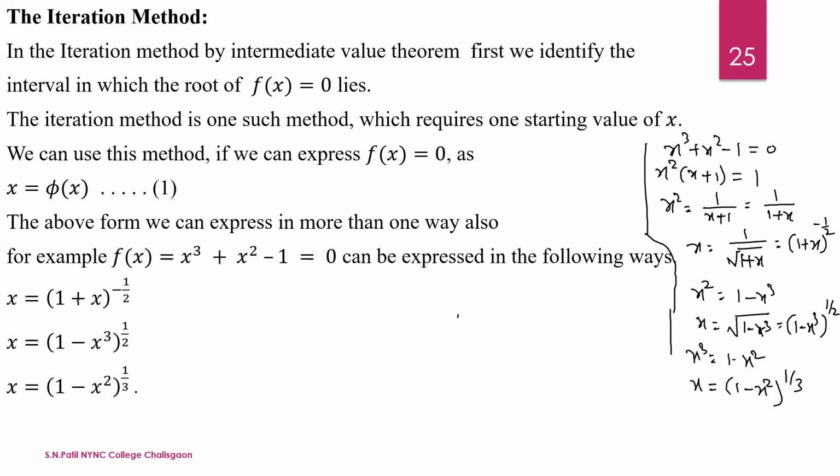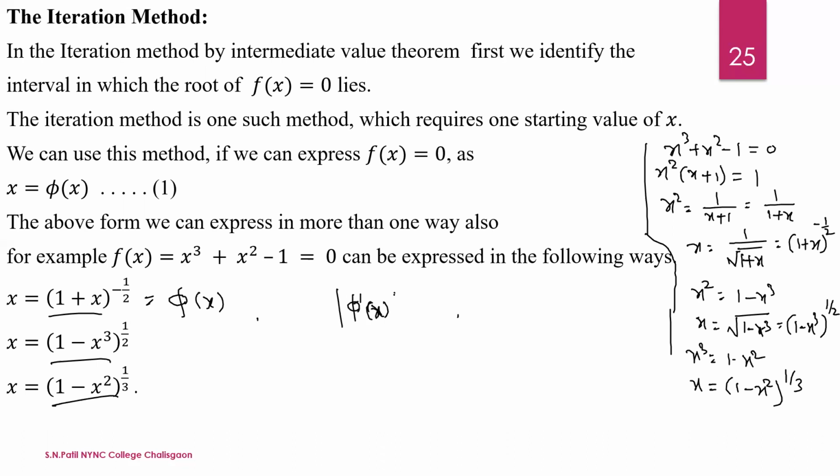Now the question is which equation we should select here. For that, we use a condition. Now these are the phi functions, phi of x. Differentiate the right hand side with respect to x, that is phi dash of x.